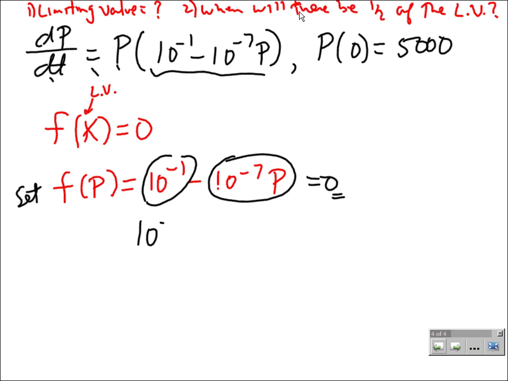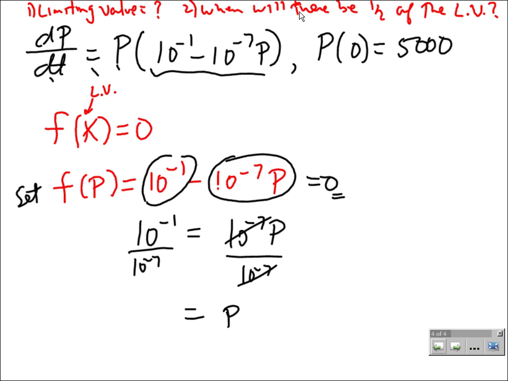Oh, those two things that I don't like must be equal to one another. Divide both sides by 10 to the negative 7, and you find out what P is. This number minus that number is 6. That is the limiting factor.